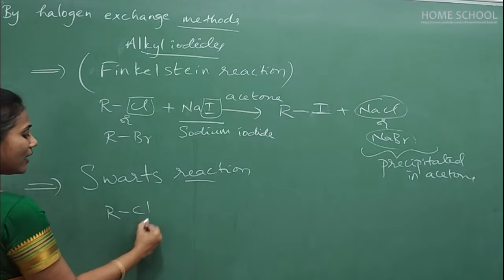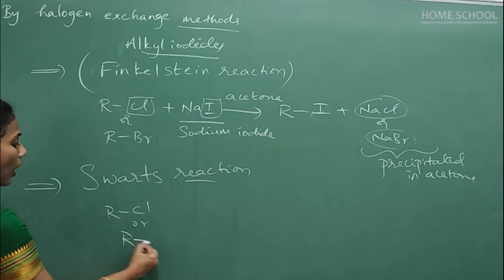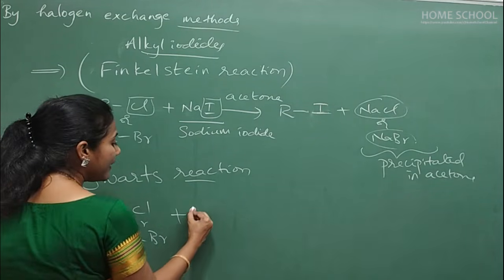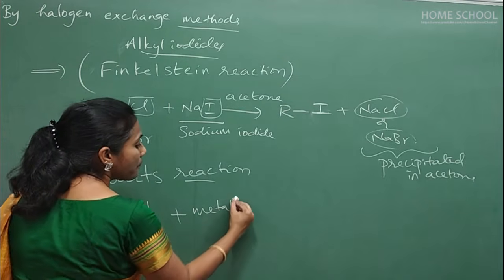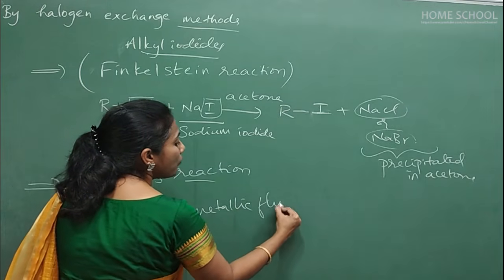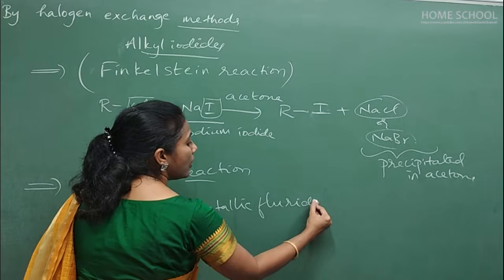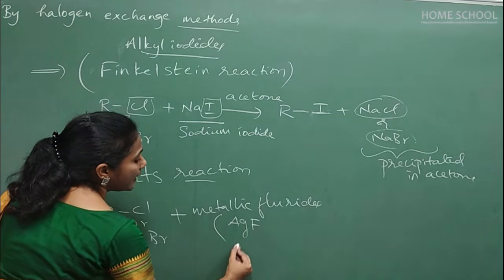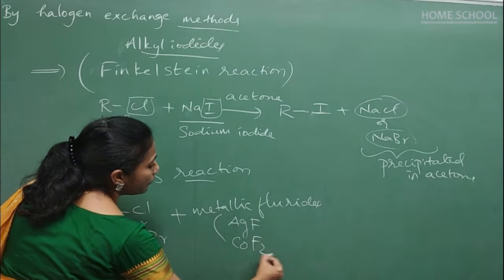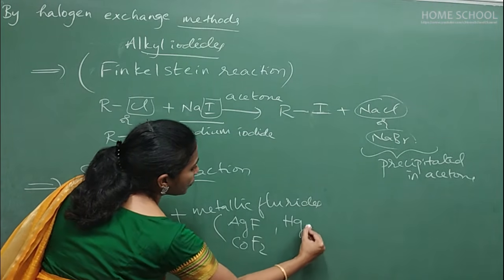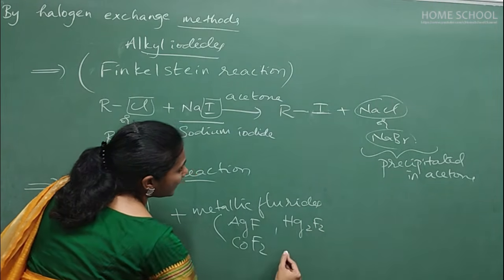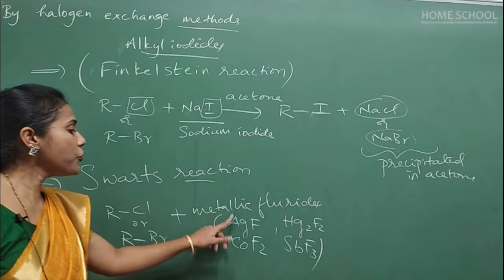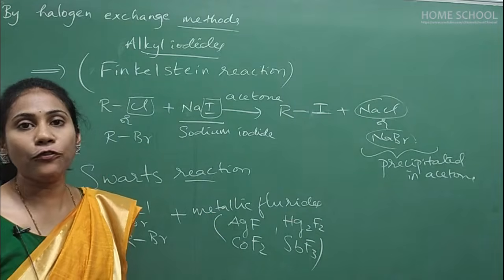We take alkyl chlorides or alkyl bromides and heat them with metallic fluorides. The metallic fluoride can be AgF, it can be CoF2, Hg2F2, or SbF3. These are the most commonly used metallic fluorides.